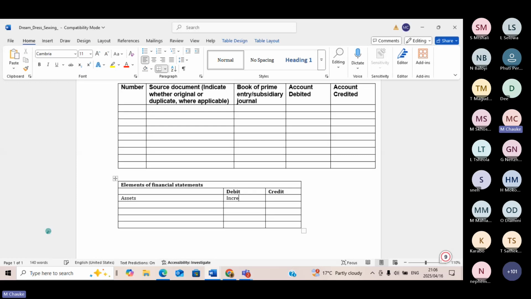And then we've got another one. What is the other element? Liabilities.